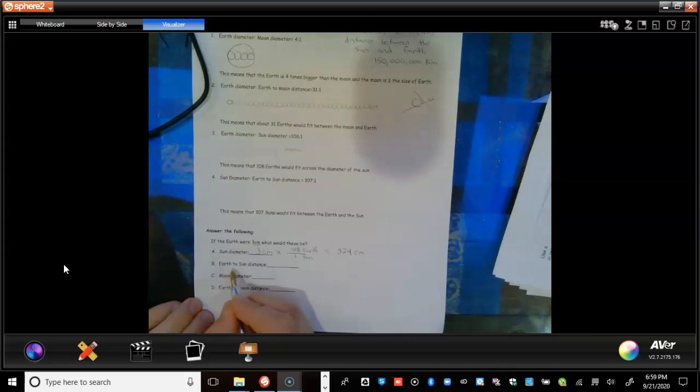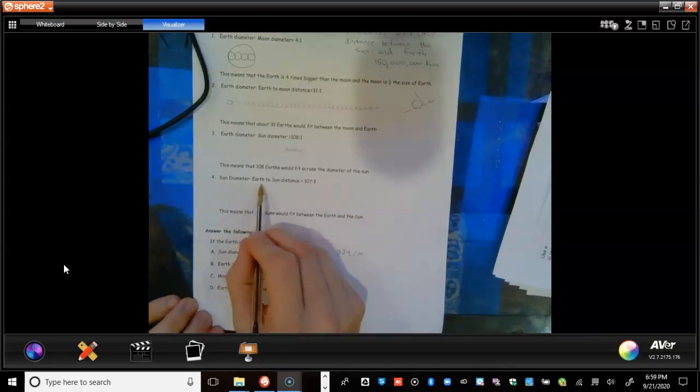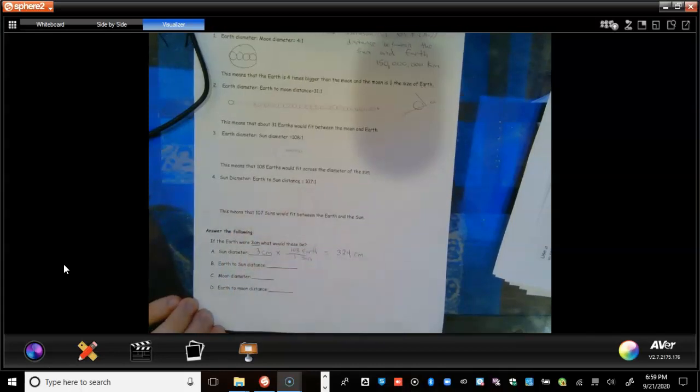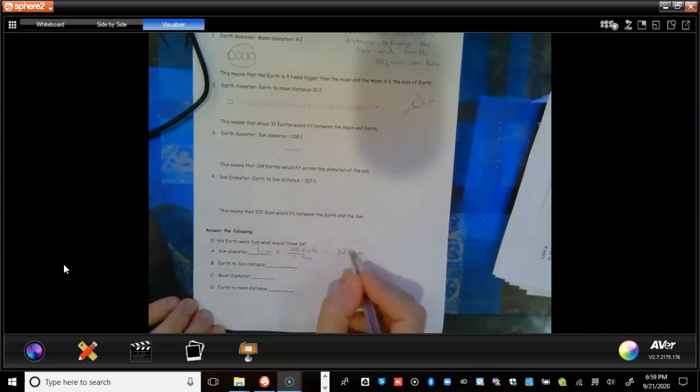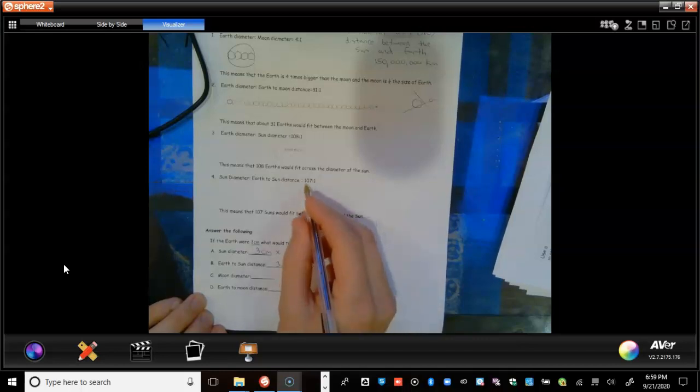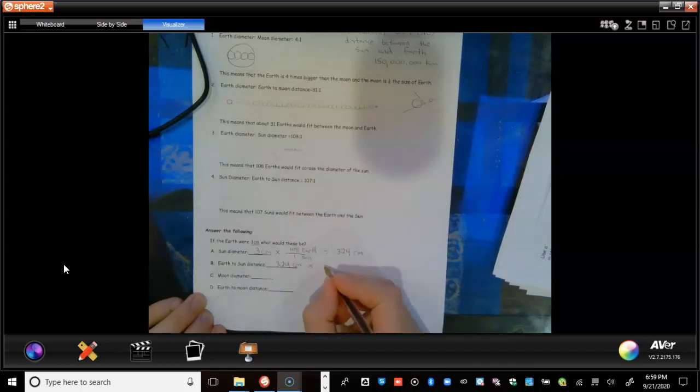We want to look at the Earth to sun distance. All right, we got Earth to sun distance. For every one of those, there are 107 sun diameters. 324 is our sun diameter. So I'm going to take 324 centimeters times 107 suns per 1 Earth-sun distance.